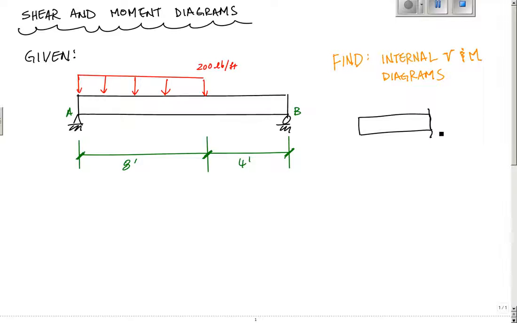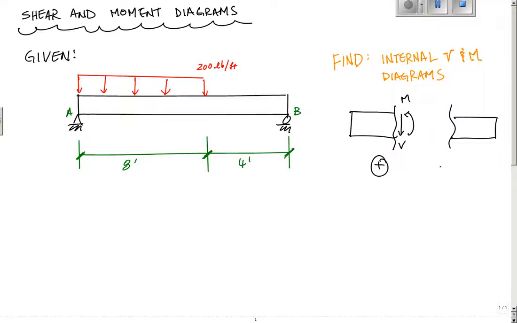If I make a cut on the inside of a beam, and I look at the left side of the cut, my shear points down, my moment goes up. This is a popular positive sign convention. On the right side of the cut, my shear is positive up internally.